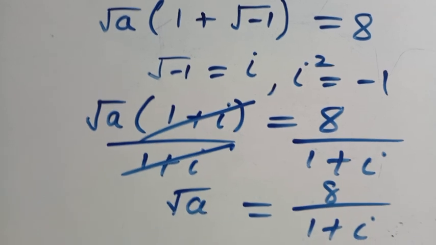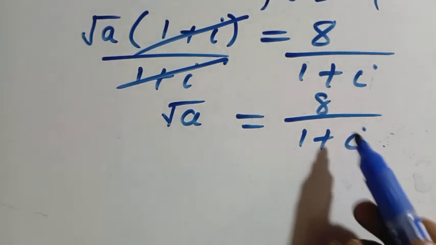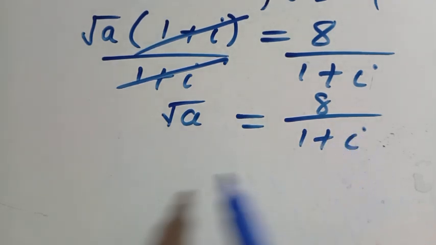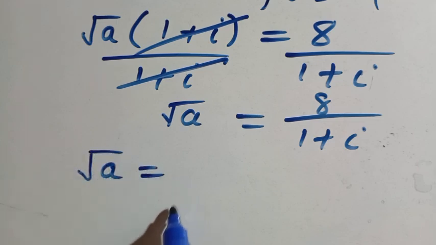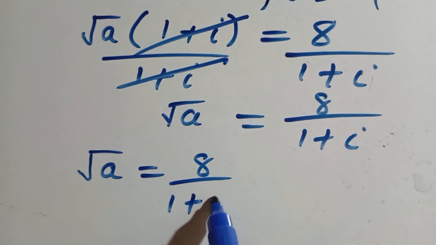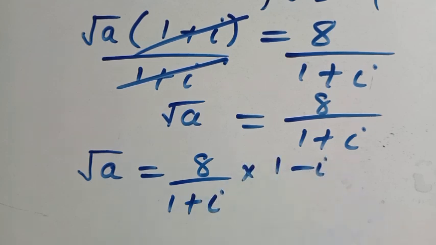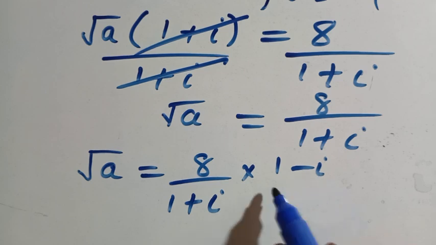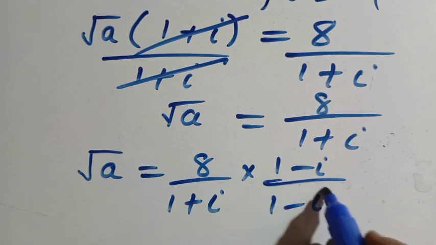And the next step, from this left hand side, let's try to rationalize this. So by rationalizing, we have square root of a equals 8 divided by 1 plus i multiplied by 1 minus i. When we rationalize, this one will be the conjugate of this. So divided by 1 minus i.